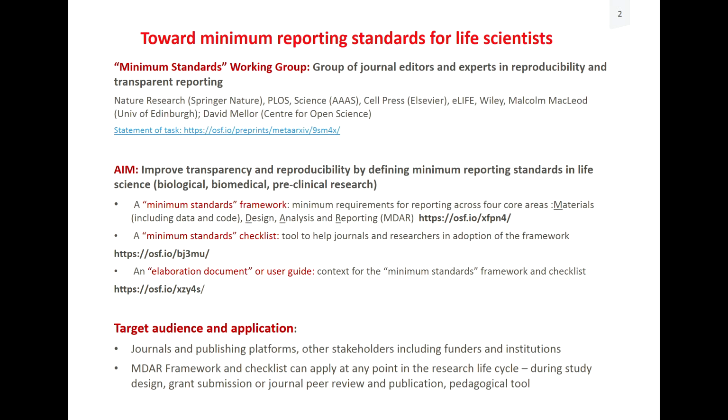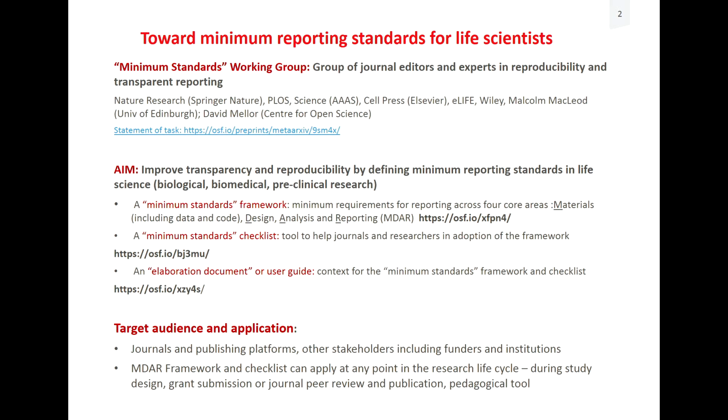So there are three outputs we thought we could come up with. A minimum standards framework, which is effectively a policy framework that sets out minimum requirements for reporting across 4 key areas. A minimum standards checklist, which is a tool that's intended to facilitate adoption by journals and researchers.